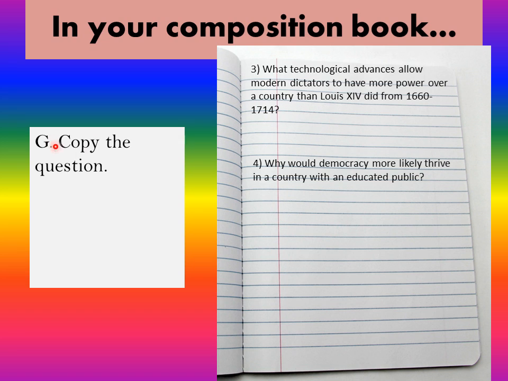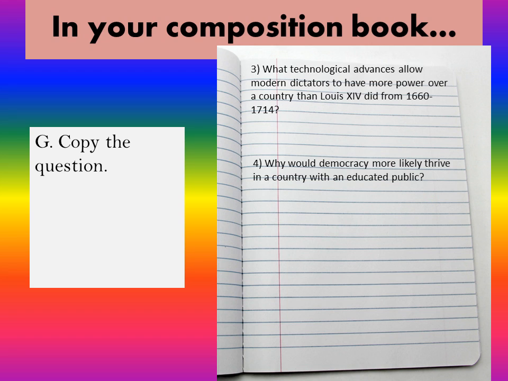Alright, new question. Number 4, write this in, why would democracy more likely thrive in a country with an educated public? We learned that in your chapter, you learned that an educated public makes a good soil for a democracy. It makes a good foundation for a democracy. A democracy works well if your country is well educated. The people of your country are well educated. But why?